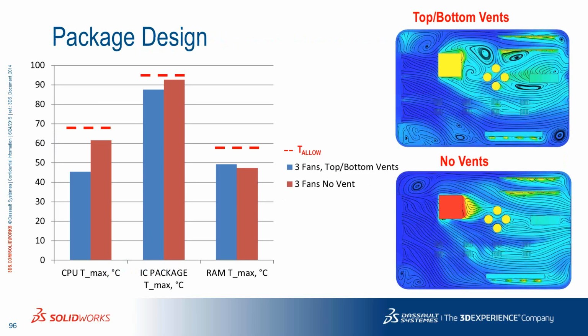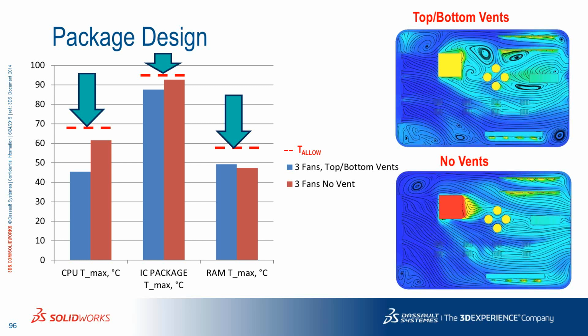Now, when I take a look at both these designs and compare the maximum threshold temperatures of some of the key components, like the microchip, the IC chips, the RAM chips, and so on, you can see that compared to the no-vent design, the vented design actually ends up with higher temperatures on the key critical parts of the assembly.